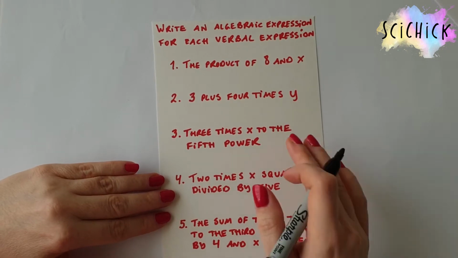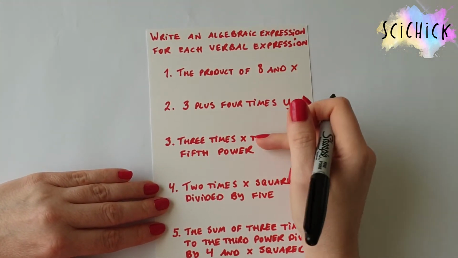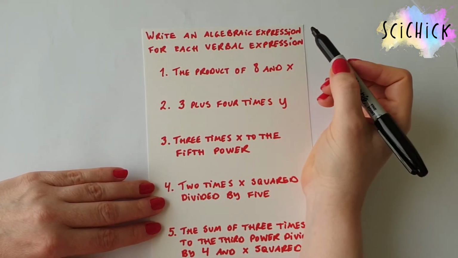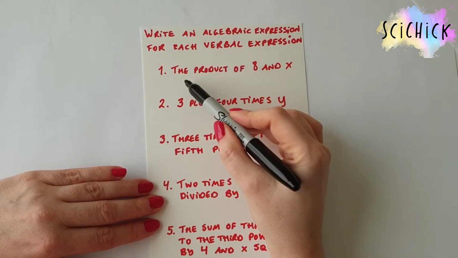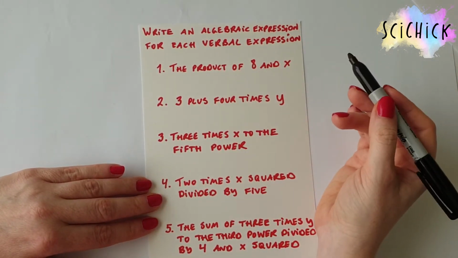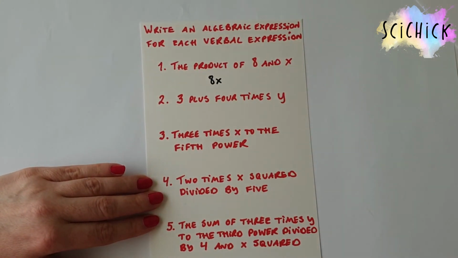We definitely need to practice this the other way around. Now we have the verbal expressions, and we're supposed to write the algebraic expressions. Okay, the product of 8 and x. We know this, a product is just going to be 8x, yeah?